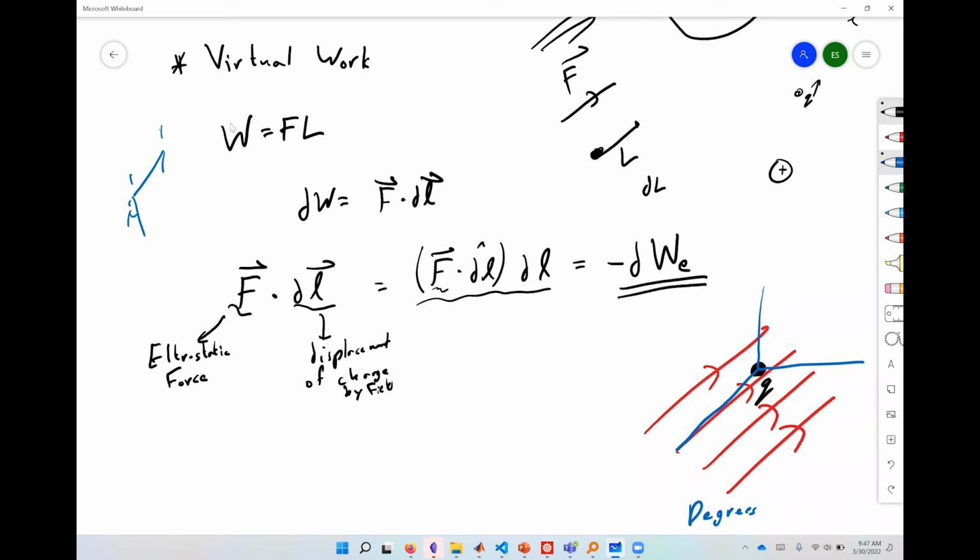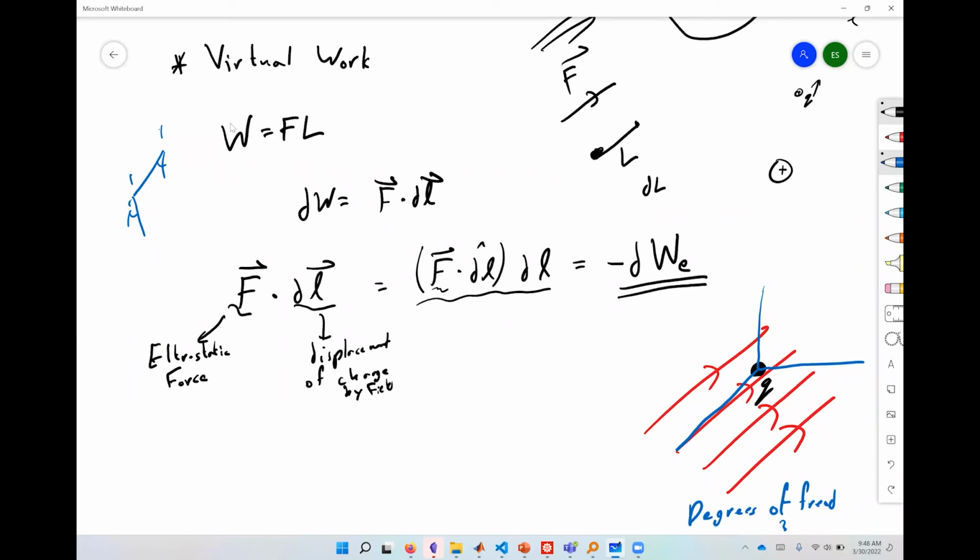It has 2 angles, right? So when you try to solve a problem using the technique of virtual work, you have to understand the degrees of freedom of the system. The degrees of freedom of a charge lying in an electrostatic field are 3, because the charge can move in 3 different directions, right? So it's 3-dimensional degrees of freedom.